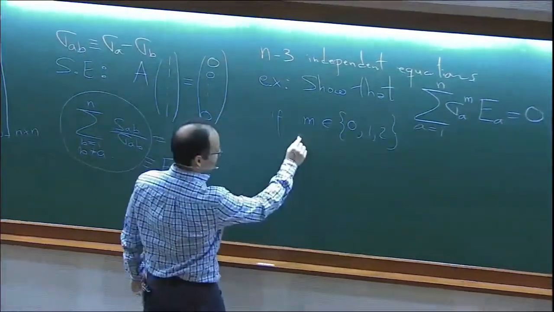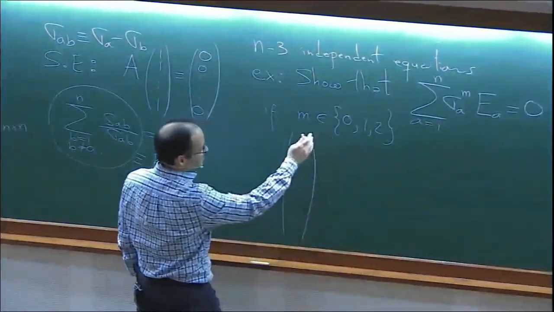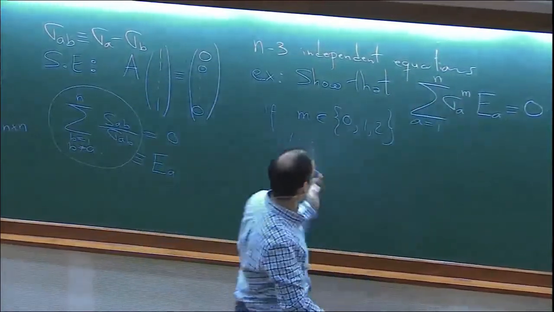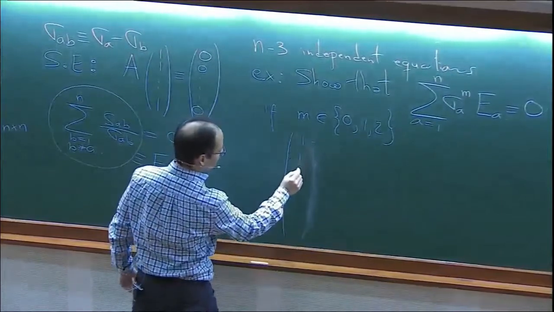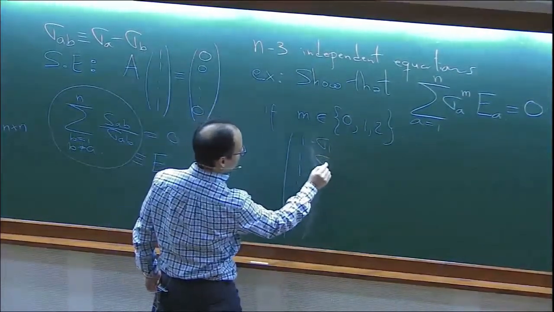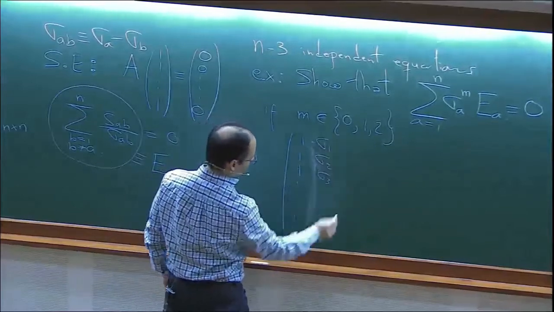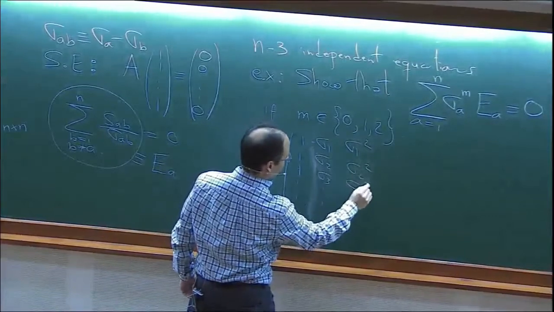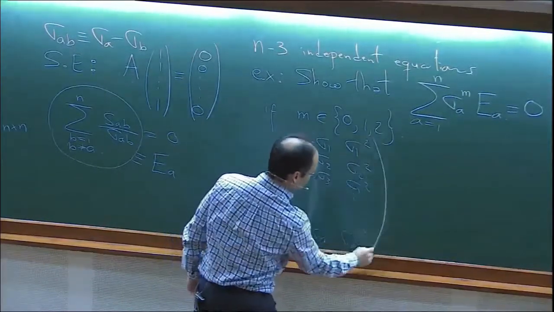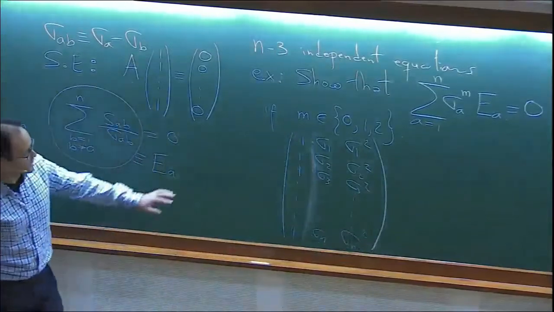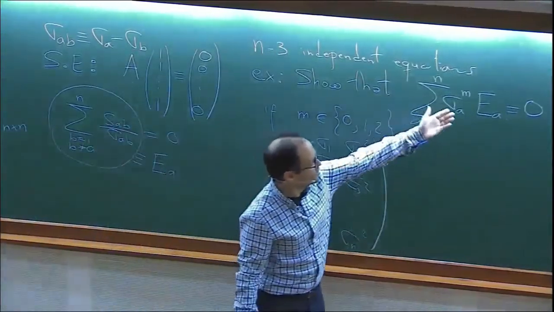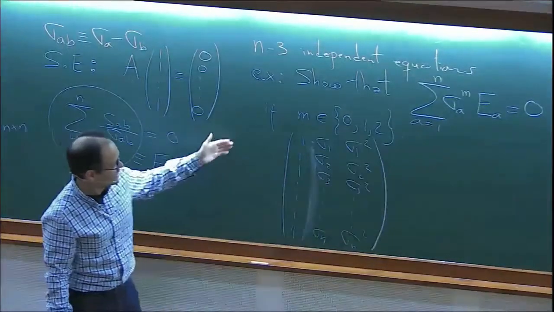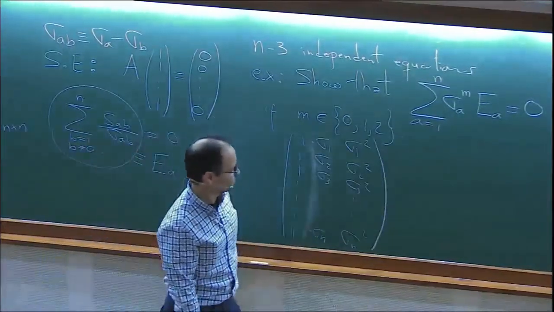Now, let's arrange these three values for M, or this vector of objects, in a matrix that looks like this. The reason I'm doing this is that these linear combinations are telling us that the vector of scattering equations annihilates any of these three vectors.